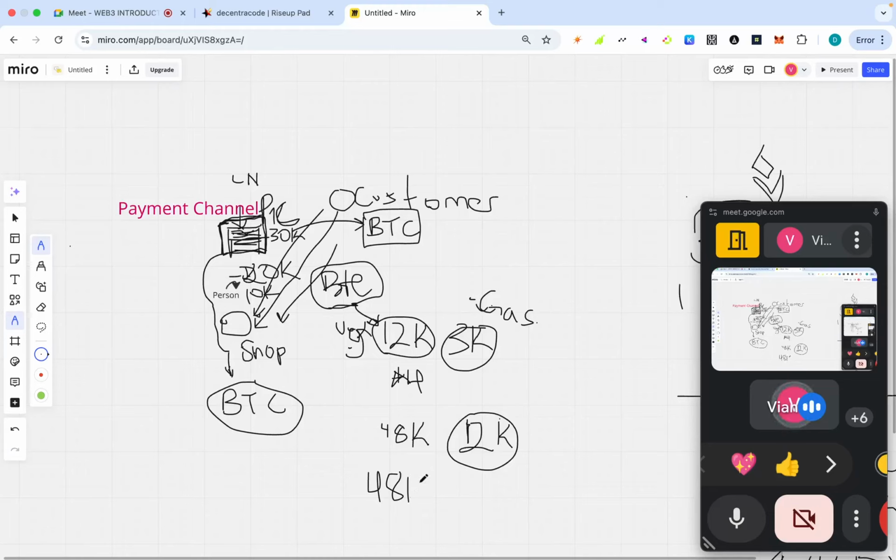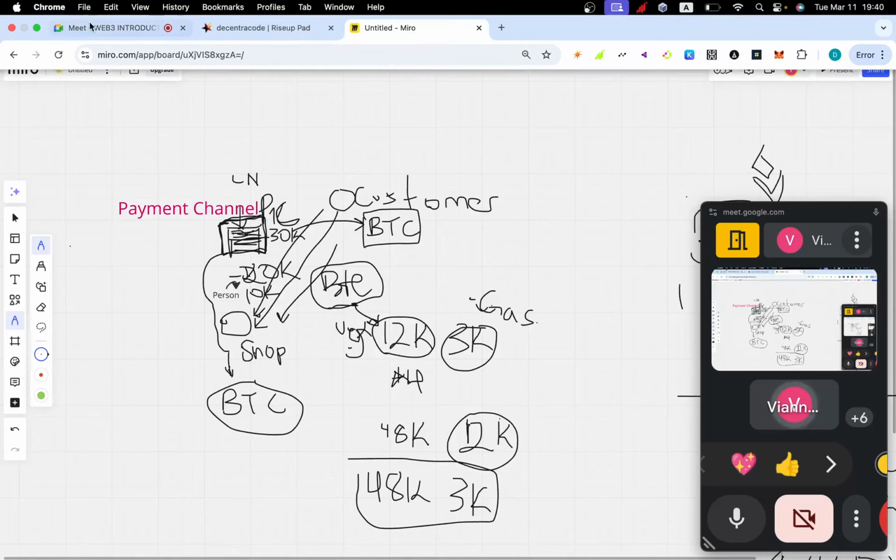I'm just using an example of a day, and spend 3K to transfer this 48K. Which is cheaper? Would it be to spend this in real time each time you're making a purchase, or once in a single transaction where the gas fees are actually lower for that particular transaction? So this is the concept of how payment channels work.